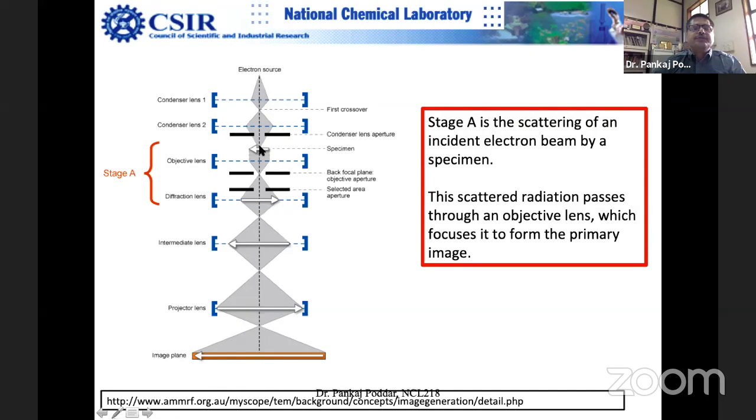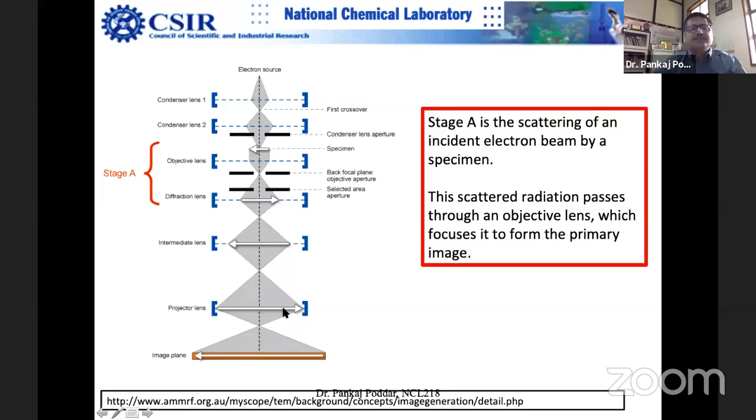So this is your specimen, the arrow here. Once the electrons have passed through this specimen, carrying the information about your specimen, this is basically stage one. This is the back focal plane, right? And here you put the objective aperture, and this is the selective area aperture. You can see that this arrow is inverted here, and again you have this second inversion.